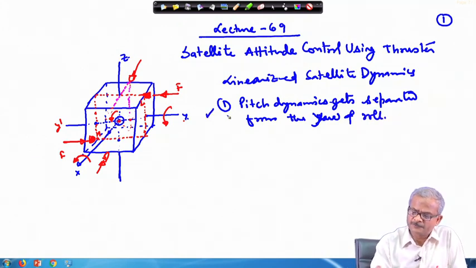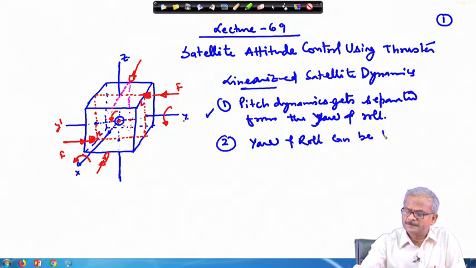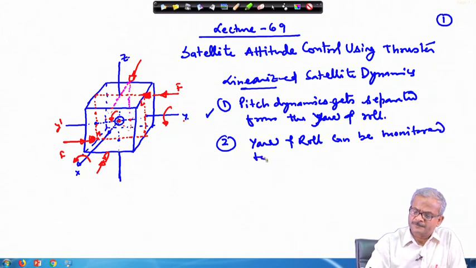So this can be controlled separately if you are doing it for a small angular deviation, and yaw and roll can be monitored together.